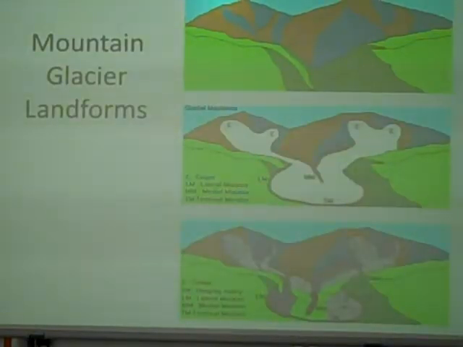Mountain glaciers lead to a number of landscapes, and you can see three different diagrams that show the area in its pre-glacial, glacial maximum and post-glacial stages. In the pre-glacial landscape, you can see that very little, if any, of the landforms exist.